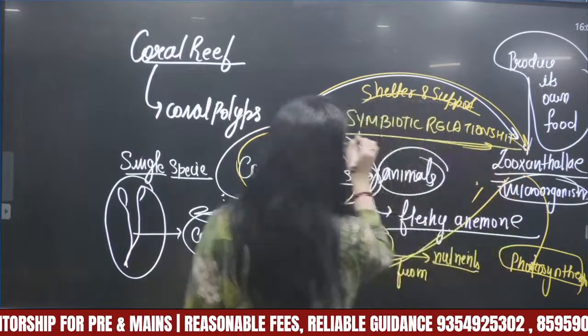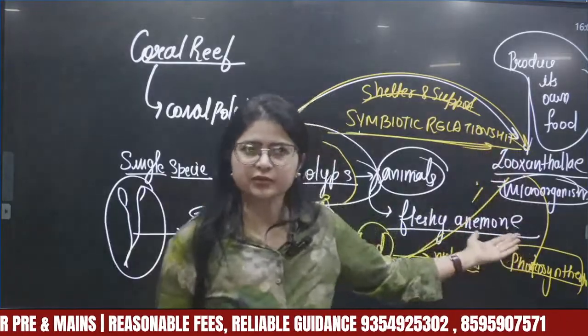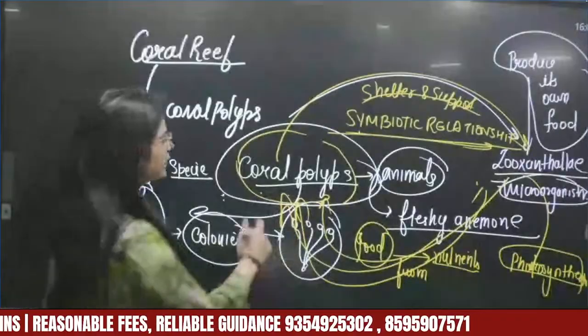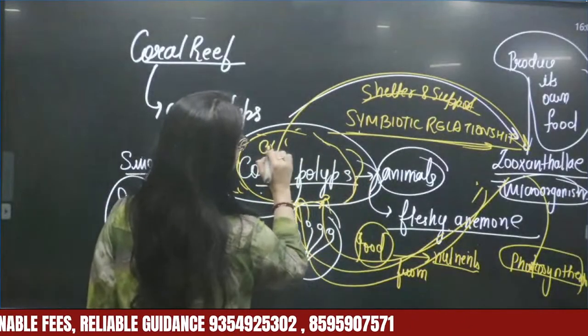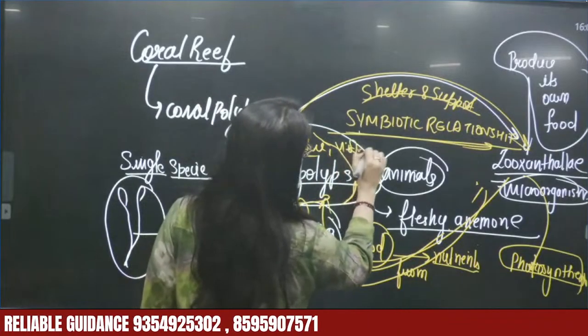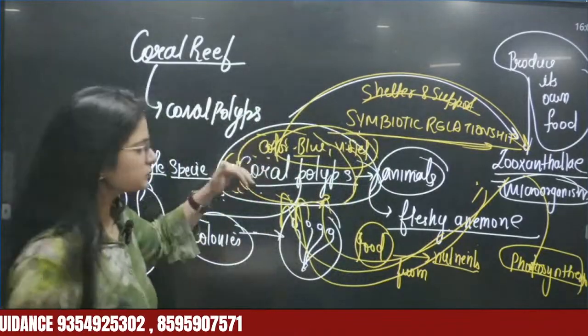And hence, because they can produce the food, they go through the process of photosynthesis, they are providing the nutrients, and they are giving the corals different colors as well. Therefore, blue, green, violet, you can see all sorts of colors in the corals, right?